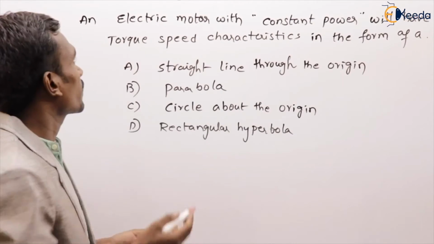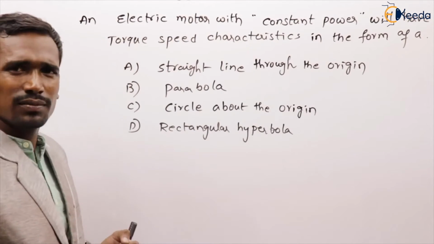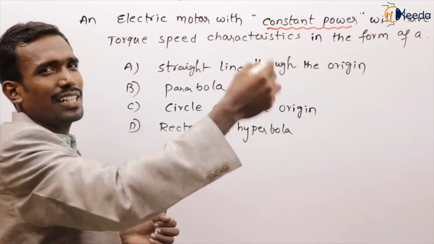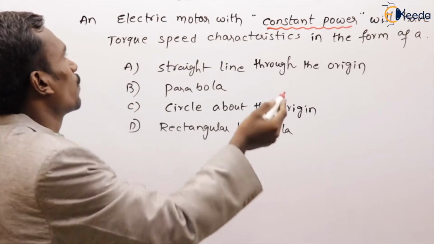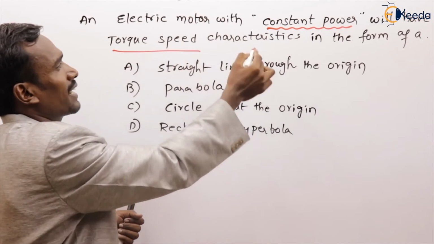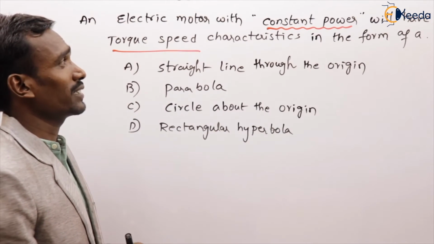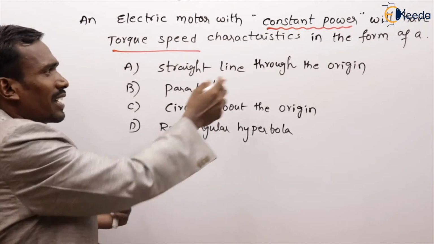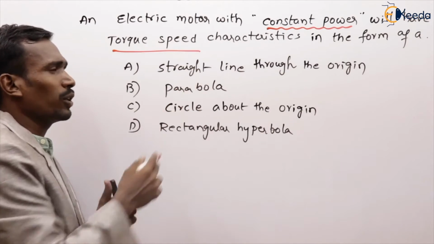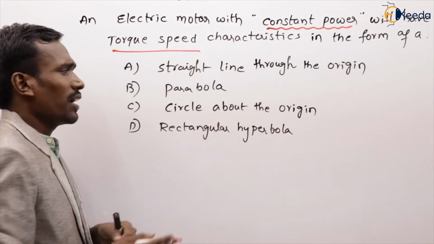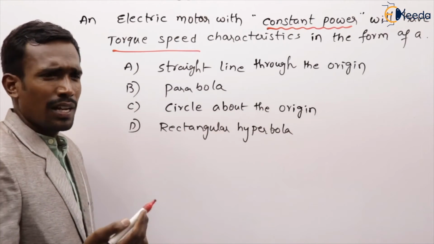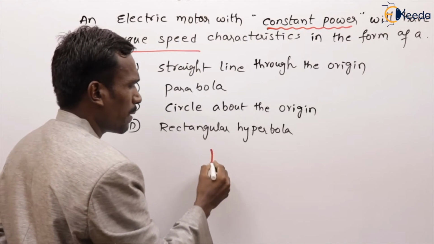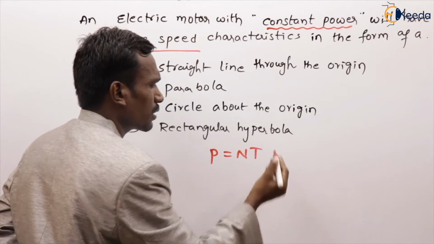Okay, sir, next question. An electric motor with constant power output will have which torque speed characteristics? Straight line passing through the origin, parabola, circle about the origin, rectangular hyperbola. Tell me, sir, what is the formula for power, speed and torque? Power P is equal to speed into torque.